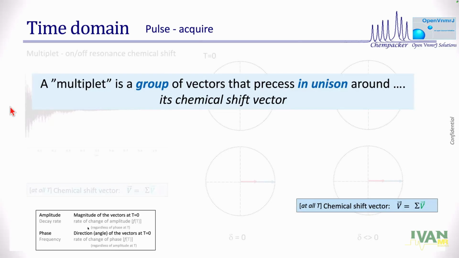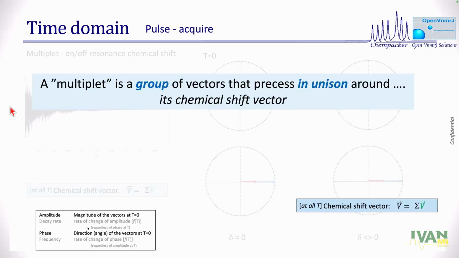They have different magnitudes because of the strong coupling, perhaps. And that means they also precess a little bit faster than the chemical shift, or slower than the chemical shift, chemical shift plus or chemical shift minus. But fundamentally, it is still a group of vectors that precess in unison, always in unison, in time.